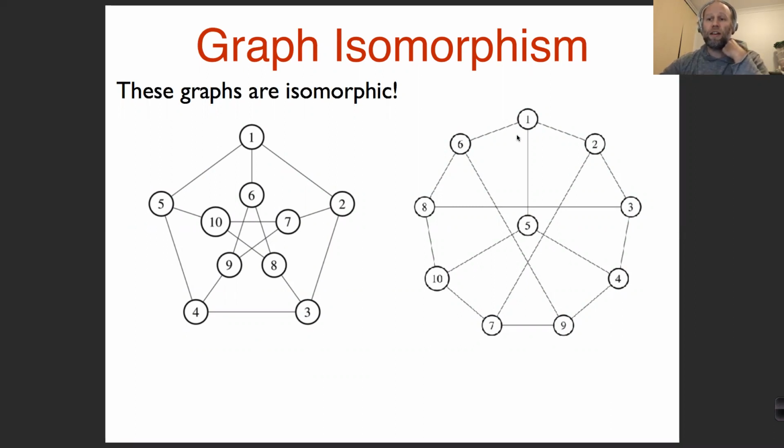It's easy in the sense that you can do that in time polynomial in the number of vertices of the graph. Basically what you have to do is go through all possible pairs of vertices, at most n squared pairs, and for each pair, check if it's an edge in the first graph, and then check if it's an edge in the second graph. If those two are the same for all possible pairs of vertices, then it is indeed an isomorphism.